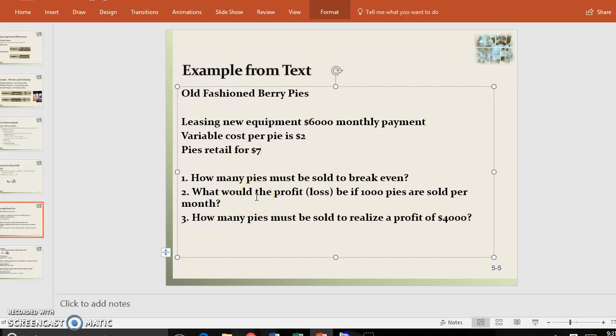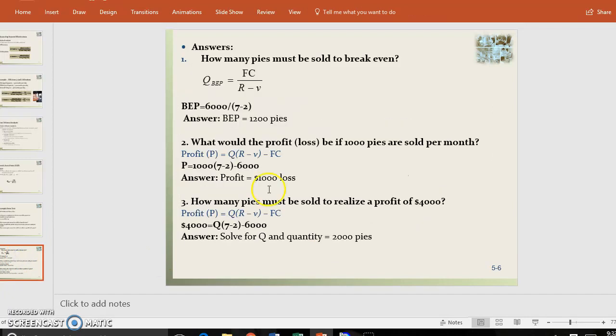How many pies should be sold in order to break even? What would the profit or loss be if we only made 1,000 pies? And how many pies must be sold to realize a profit of $4,000? The last two require us to do a little bit of algebra, or at least equation manipulation.